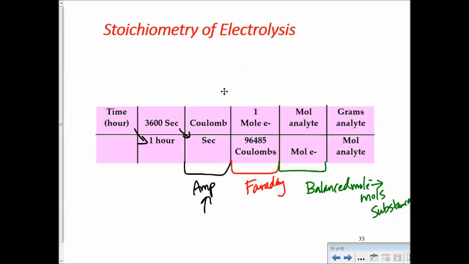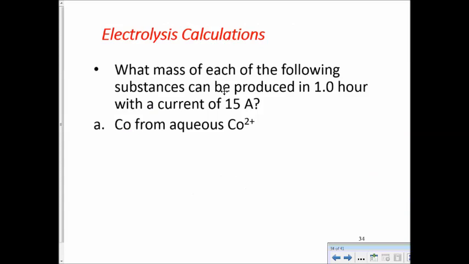Before you begin though, what should you do before you set up your T-chart? Yes, our half reaction here, so we can figure out how many electrons are being transferred in the process. That's what we need to do here. So if we have the cobalt 2 in solution, this is in solution, right?